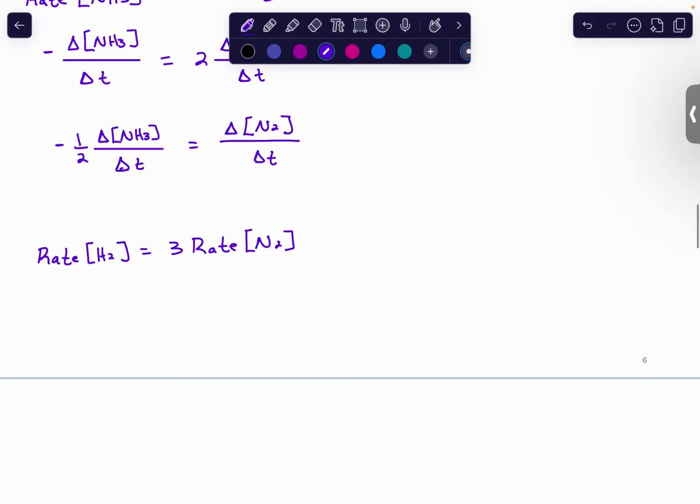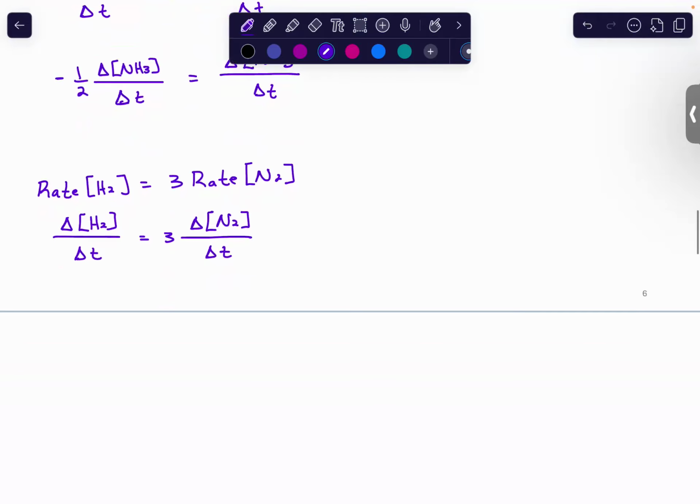So I remember what these equations are. Going to move that 3 to the other side. We're going to get 1/3.